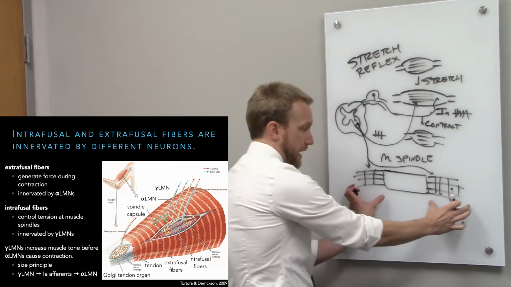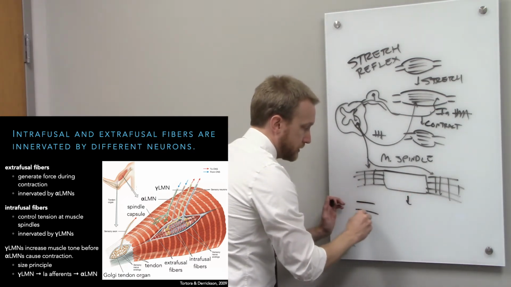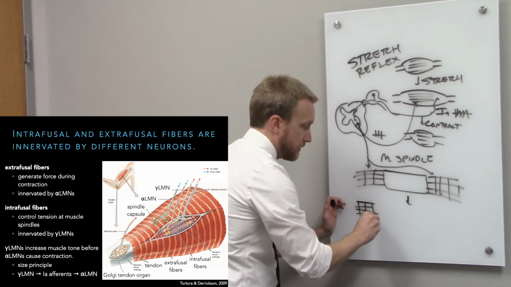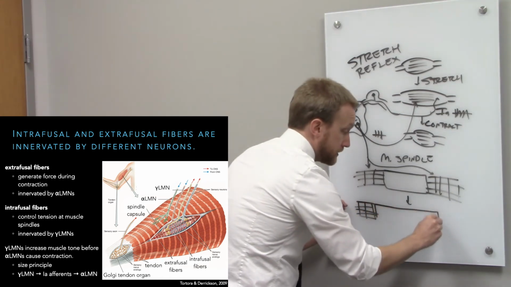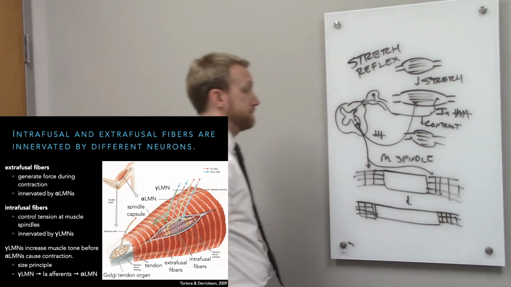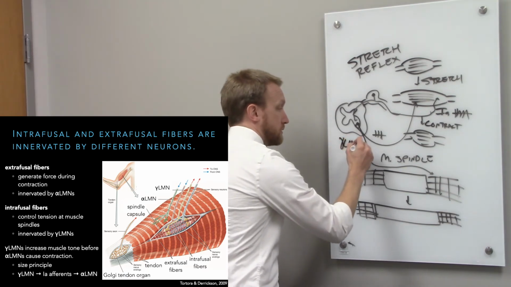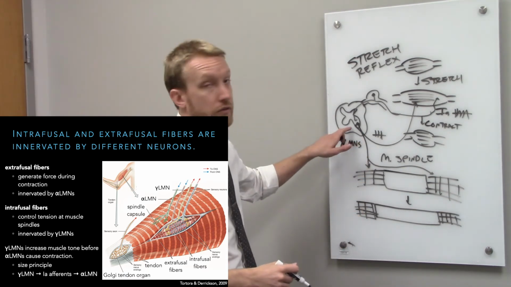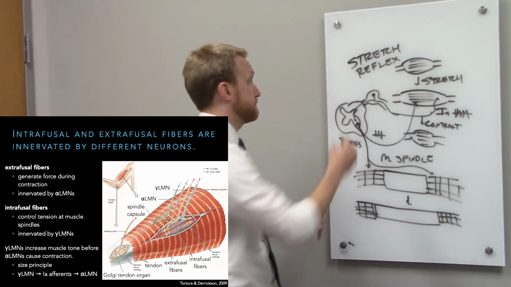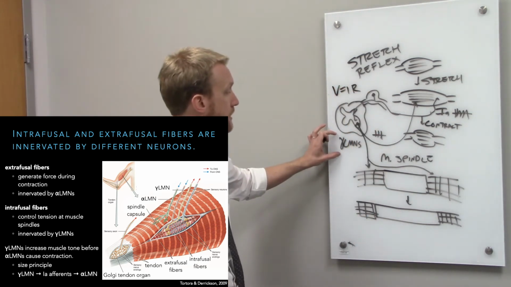Well, they're going to contract. So when our intrafusal fibers shorten their length, that stretches the muscle spindle. So gamma lower motor neurons are recruited earlier than alpha lower motor neurons because they're smaller. V still equals IR, just like it did a few slides ago.